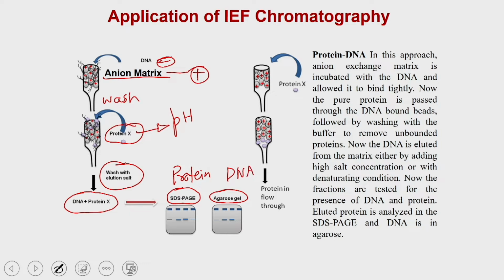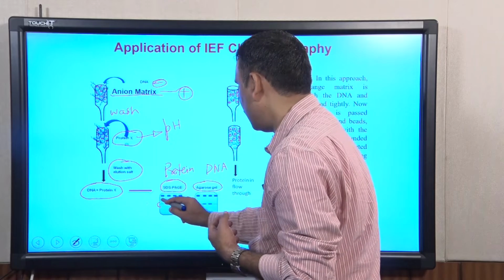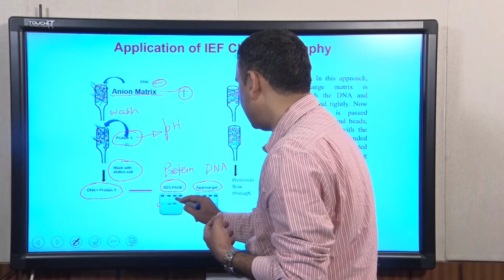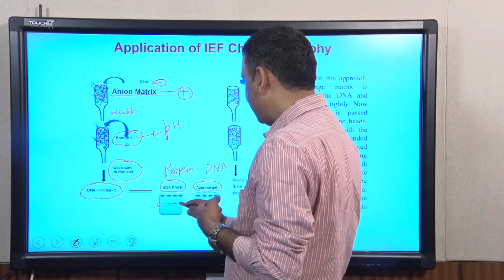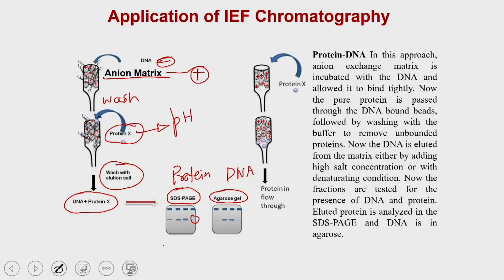When you analyze them, you will find a discrete pattern: low concentration of protein, then the protein makes a peak, and then it goes down. If you plot this, the protein is following this pattern. Whereas, if you follow the DNA on the agarose gel, the DNA is also following a similar kind of pattern.